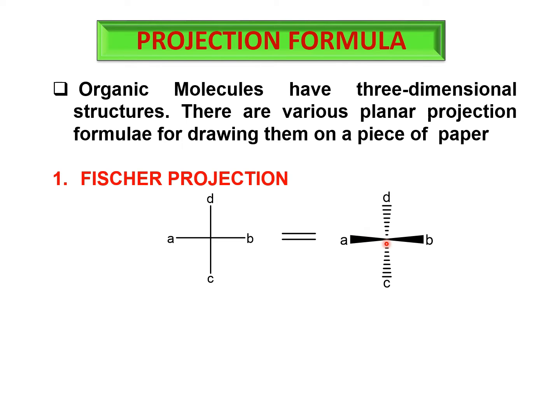So now you can imagine that this central carbon atom has a tetrahedral geometry because it's an sp3 hybridized carbon having 4 groups attached to it. So it should have a tetrahedral geometry. So if 2 of the groups are projected outwards towards you and 2 others are projected away from you in this way, then it more or less forms a tetrahedral geometry, right?